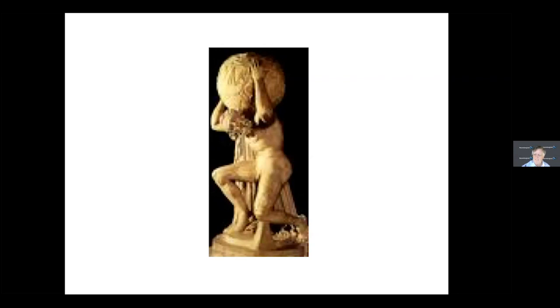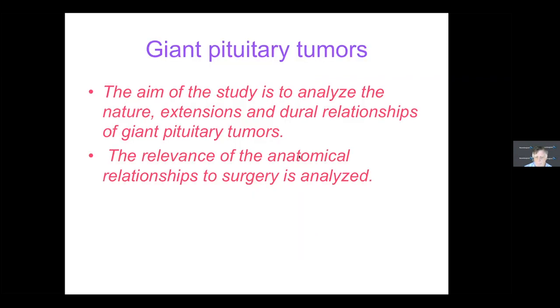So in this presentation, I'm not going to show you the videos, but going to show you some tumors. And in my next presentation, I'm going to show you the videos of pituitary tumor surgery. Here, I'm going to show you my concepts, anatomical relationships, and surgery.